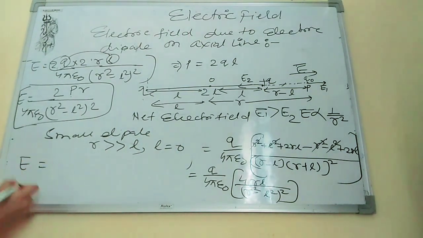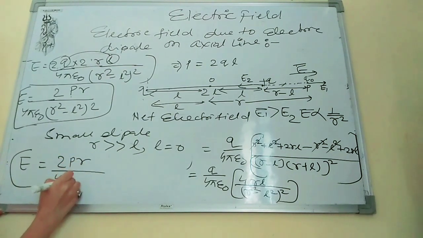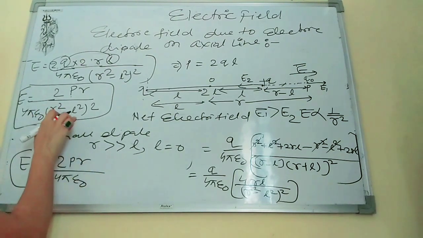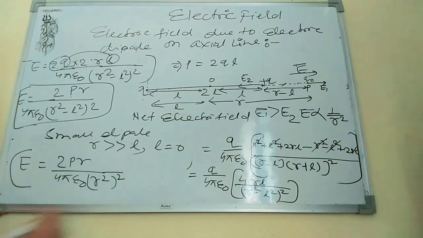So the electric field will become 2pr upon 4 pi epsilon naught, and this will become 0, so simply r square to the power square.